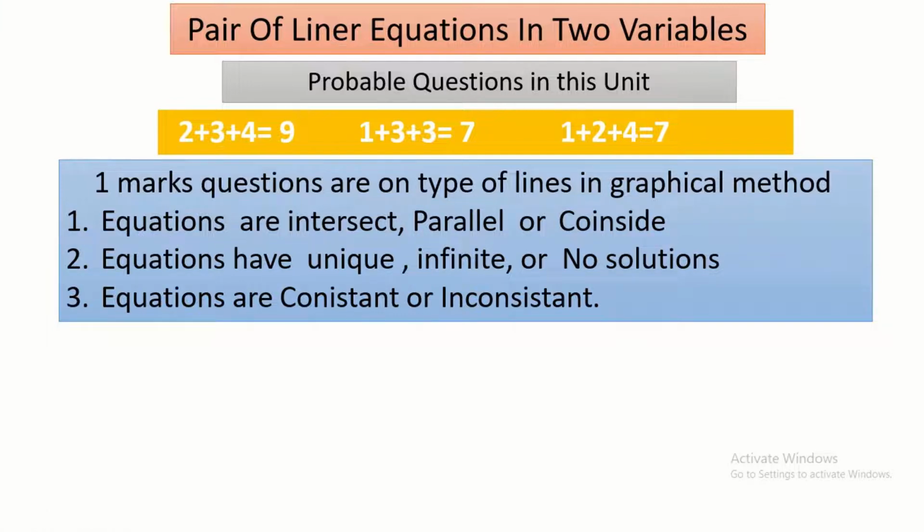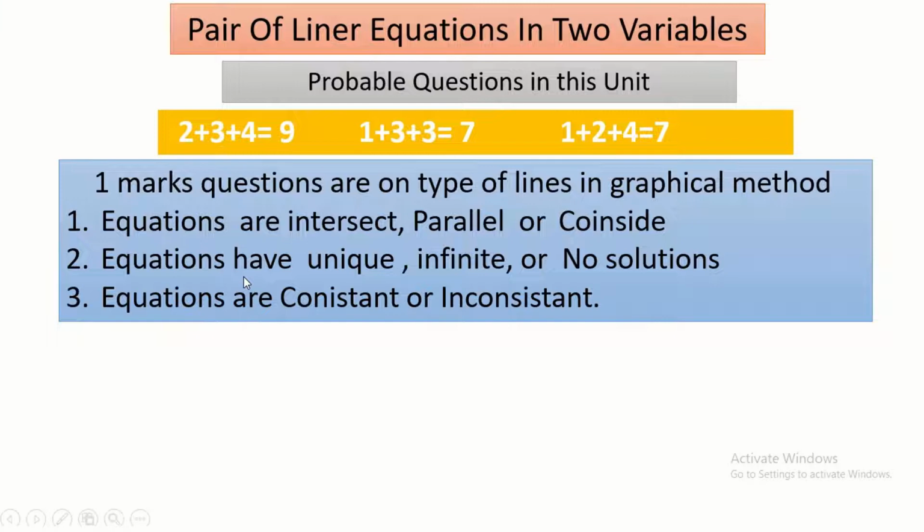Two linear equations are given, and using them we have to find the ratios, that is a1 by a2, b1 by b2, c1 by c2. On the basis of the comparison of the ratios, we have to find out whether the equations intersect each other, are parallel to each other, or coincide with each other. That may appear as an objective type question.